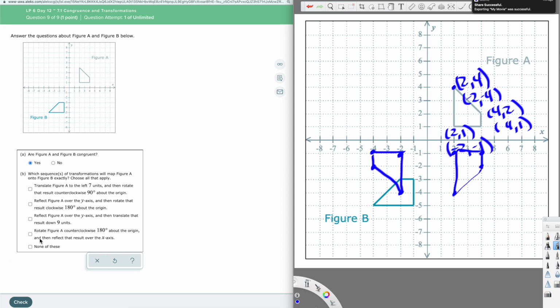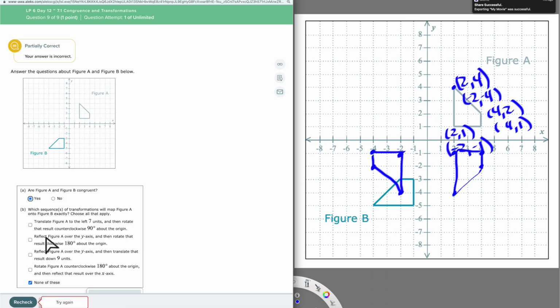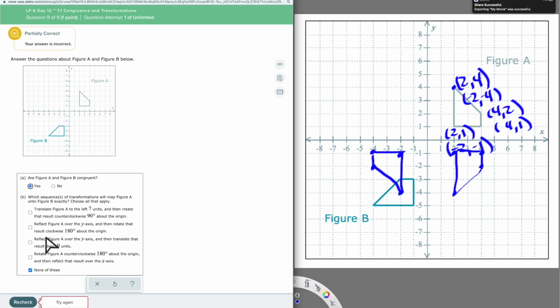So let's see if I checked them all correctly. Uh-oh, which one did I miss? Did I forget to check one of these? Are they not congruent to begin with? 1, 2, 1, 2, 2, 1, 2, 1.